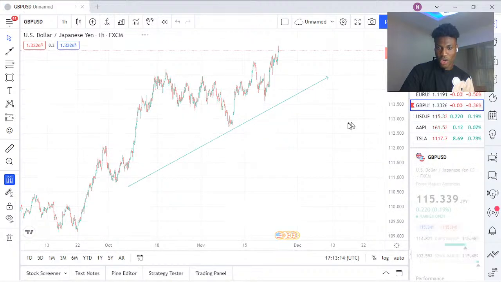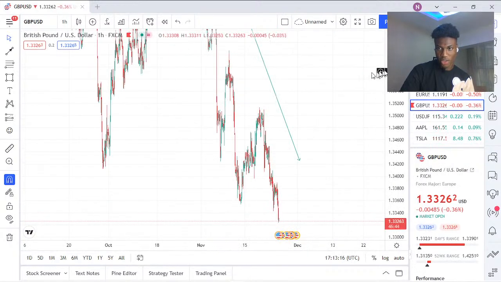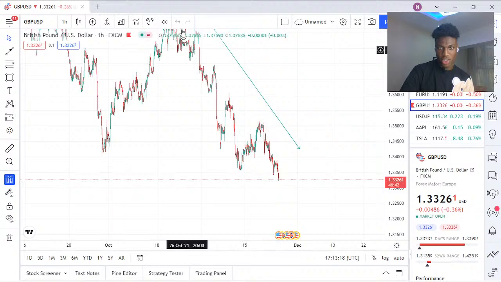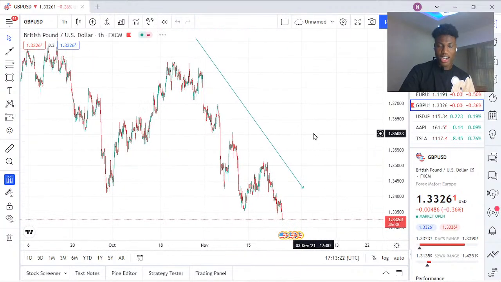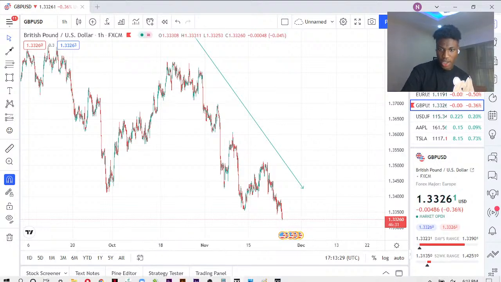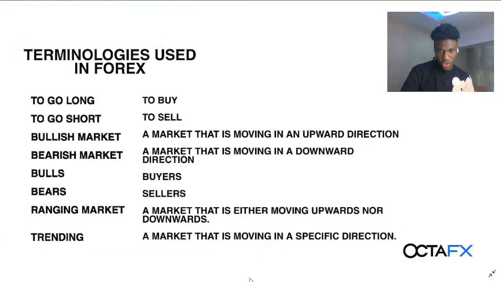If it's going down, you can also say, for example, the GBP USD is trending downwards. As long as it has a specific direction, it could be to the upside, it could be to the downside, but as long as it has a specific direction, then you can say the market is trending.